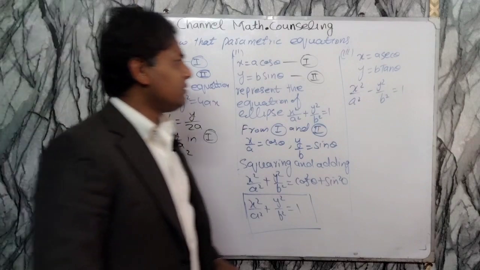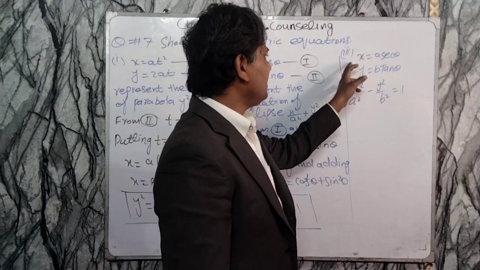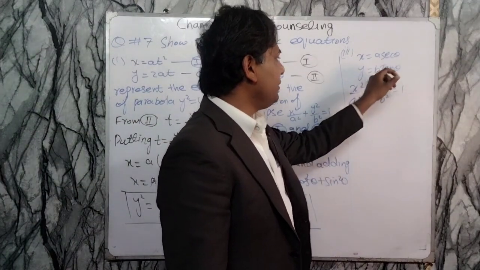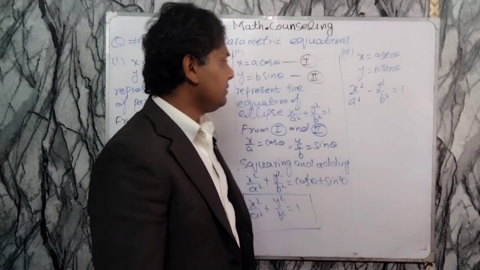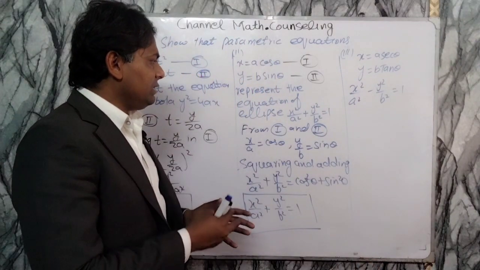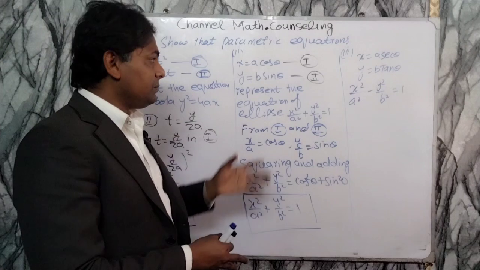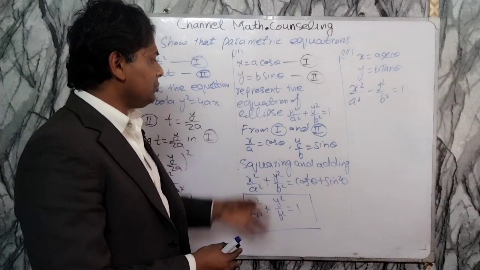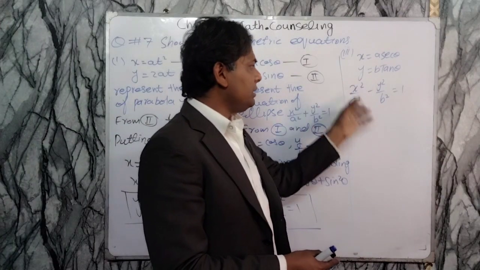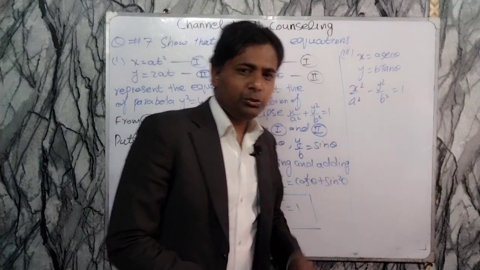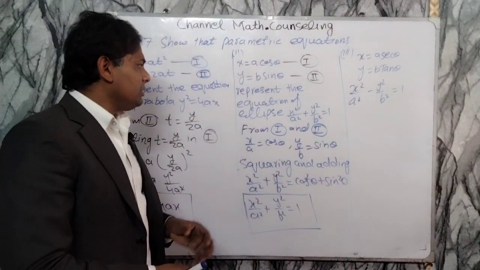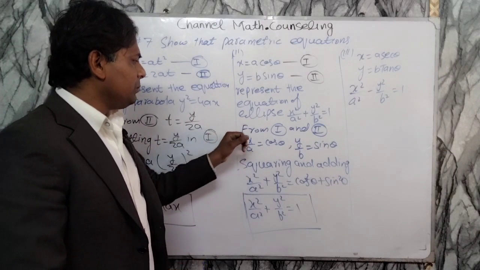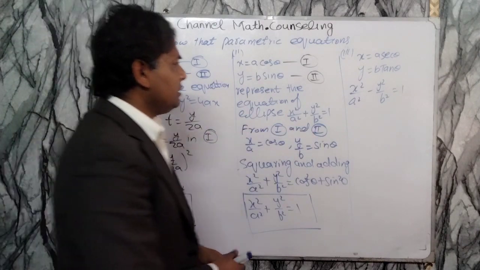Now come to the third part, that is x equals a secant theta and y equals b tan theta. The similar strategy that we used in part number 2, here in part number 3 again we are going to use this strategy. So here we will use equation number 1 and 2. So look at this one.